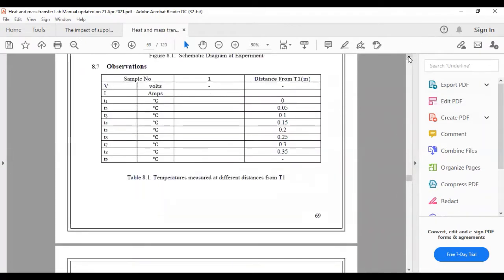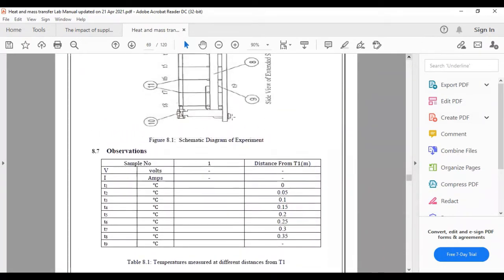Now I will show you the observation table. Basically, we will supply voltage and current to the heater, and after providing some specific voltage and current, we will give the unit some time so that its readings may stabilize. Then we will note the temperature from T1 to T9, and these values we will all measure.